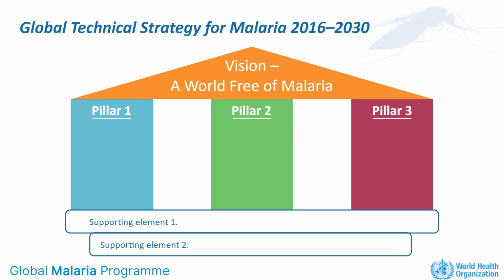Pillar 1. Ensure universal access to malaria prevention, diagnosis, and treatment. The WHO recommended package of core interventions, namely quality-assured vector control, chemoprevention, diagnostic testing and treatment, can dramatically reduce morbidity and mortality.